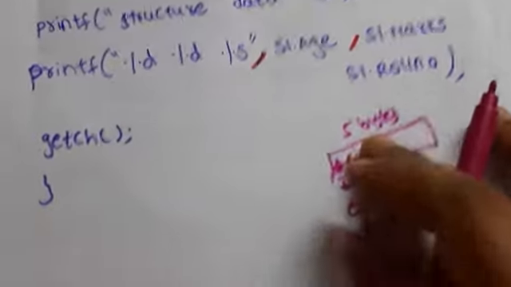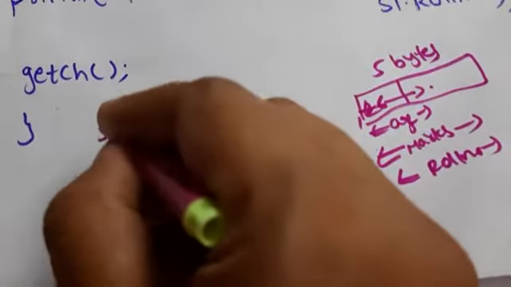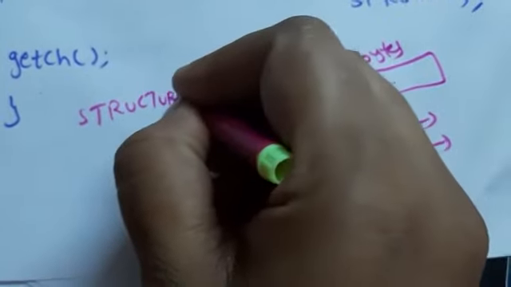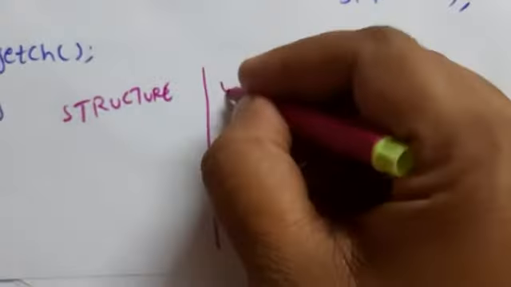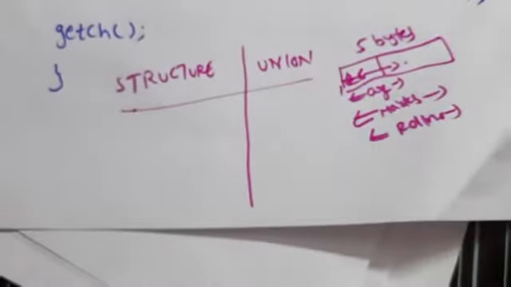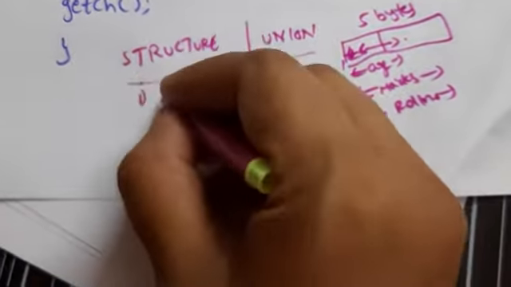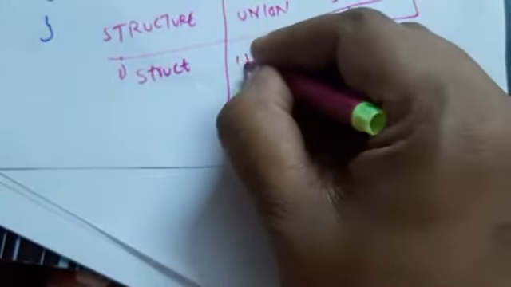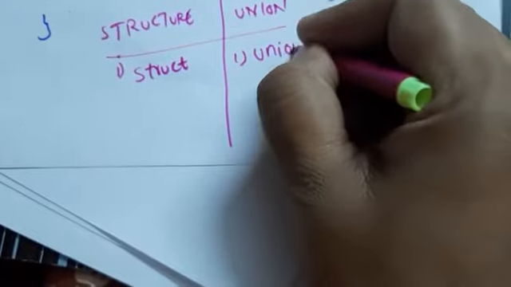So what are the differences we discussed about structure and union? In a simple way, structure, union, differences. First difference: in structure we use the keyword struct; here you are going to use the keyword union.